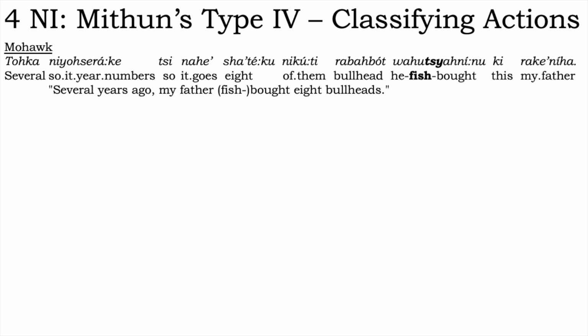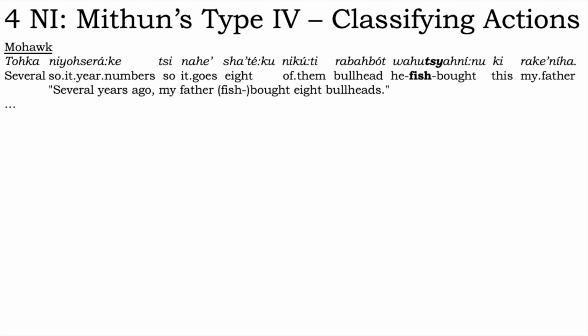Note that the bullheads are first introduced with a separate nominal, rabahbo, but also with a classifying incorporated nominal in the verb itsi, meaning fish.